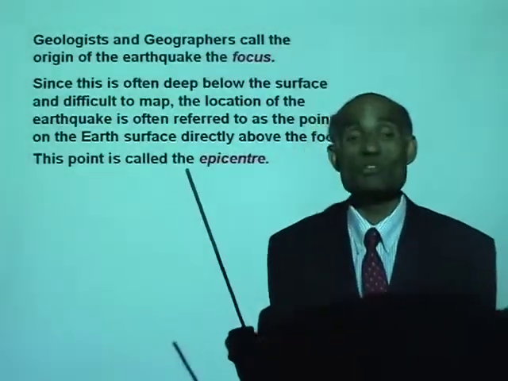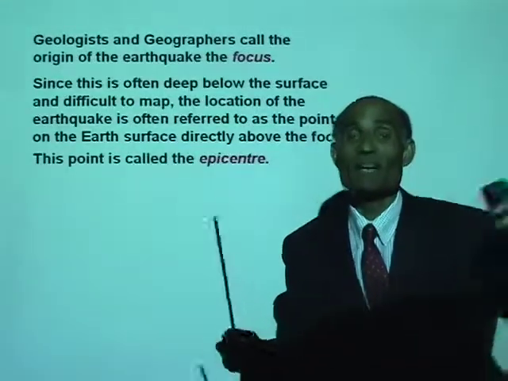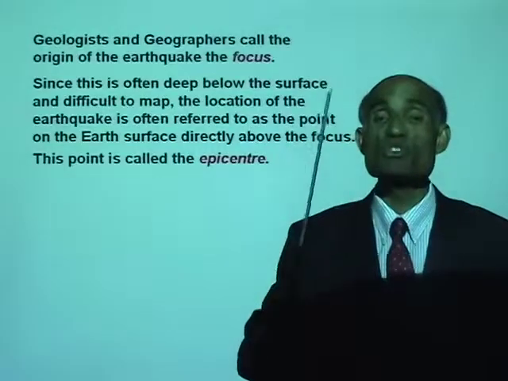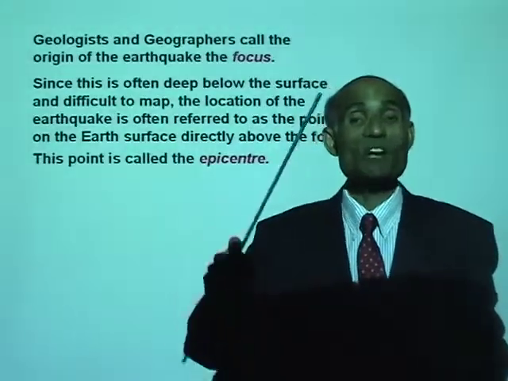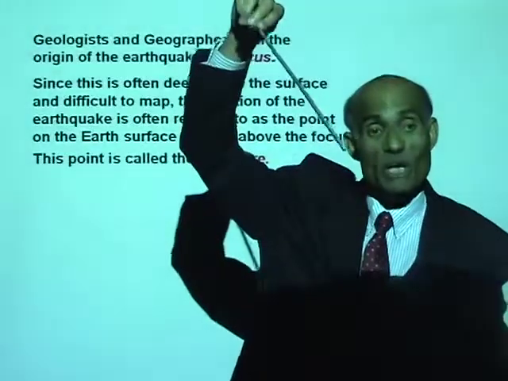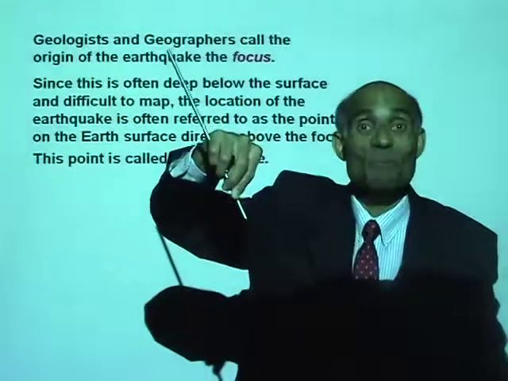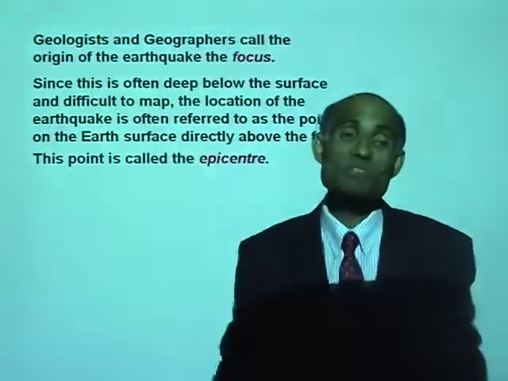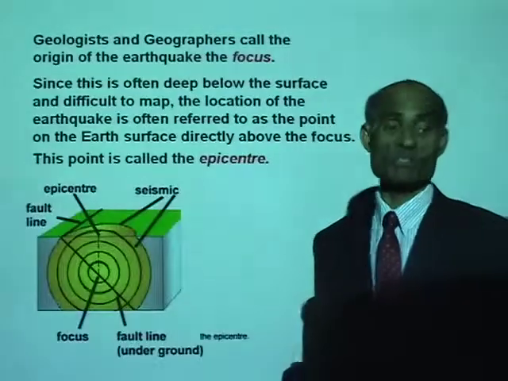When the weatherman talks about an earthquake, he always talks about the epicenter. Remember, epicenter is not where the actual earthquake occurred. The actual earthquake occurred deep underground at the focus of the fault line. Epicenter is a point directly above it on the surface.